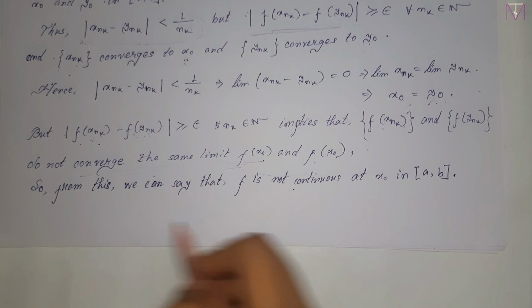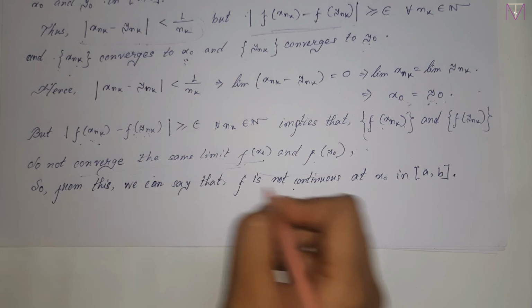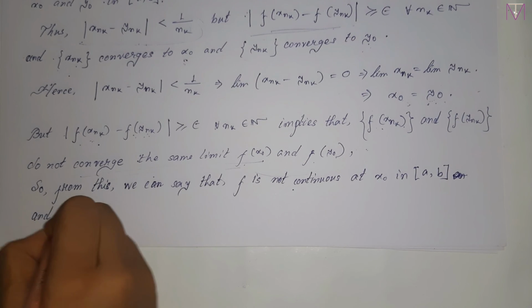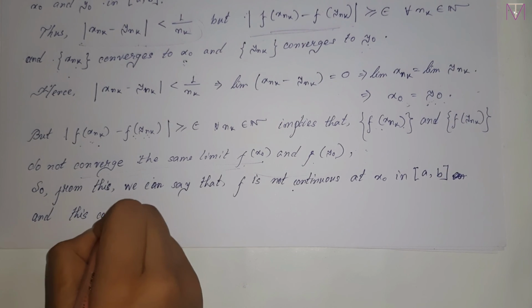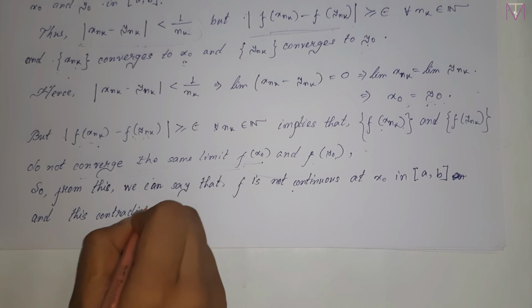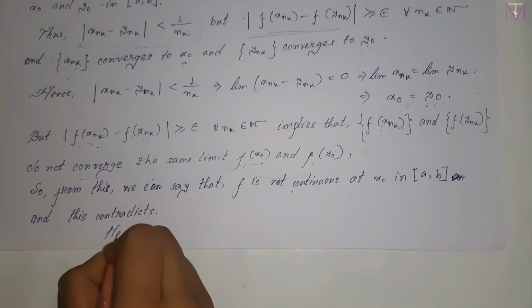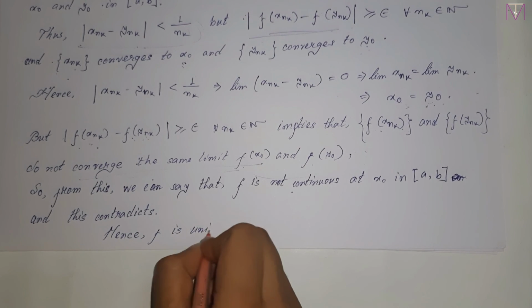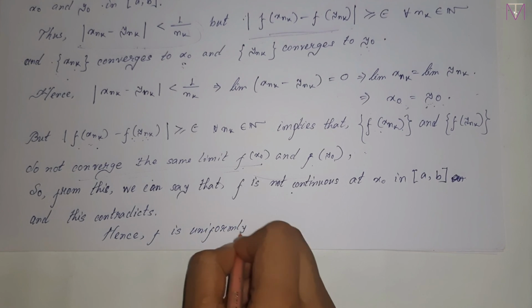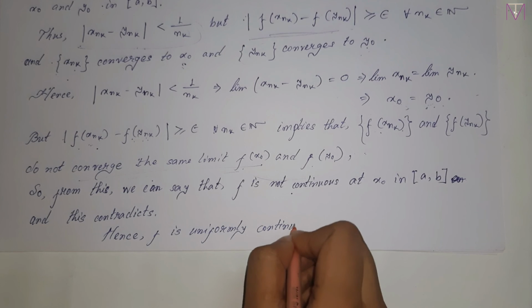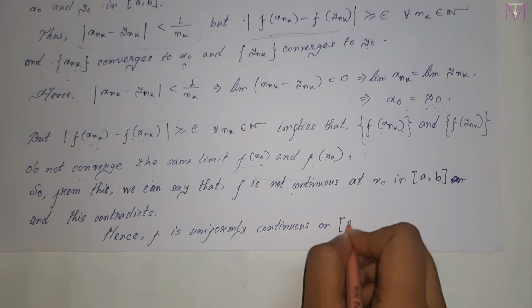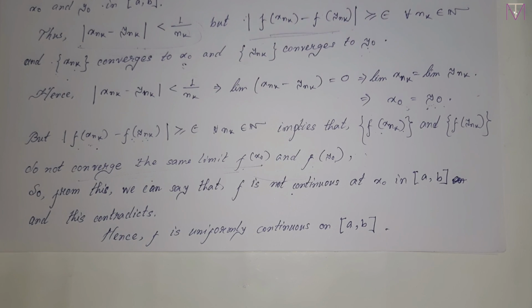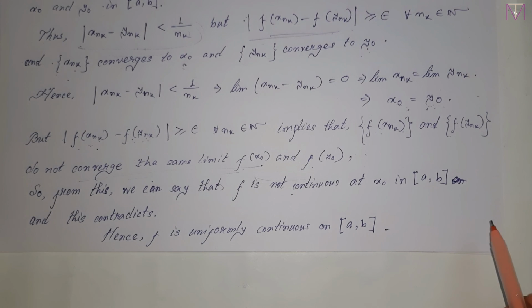This contradicts our given condition. Hence, f is uniformly continuous on [a, b]. Okay, done.